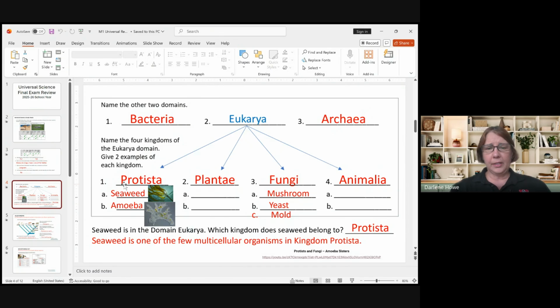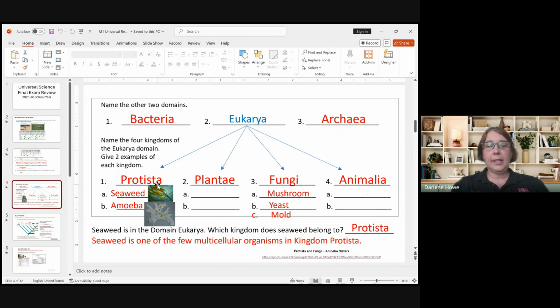Protista are usually unicellular eukaryotic cells. Now, when we think of a unicellular cell, we usually think of prokaryotic cells, but that's not the case. This is a special case. These are unicellular eukaryotic cells, meaning quite complex cells.